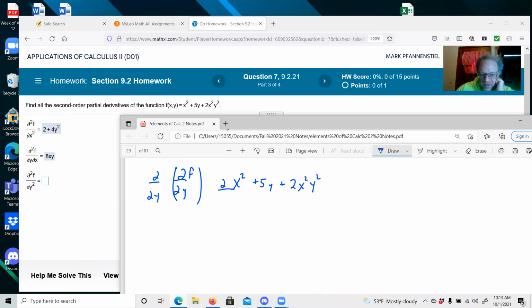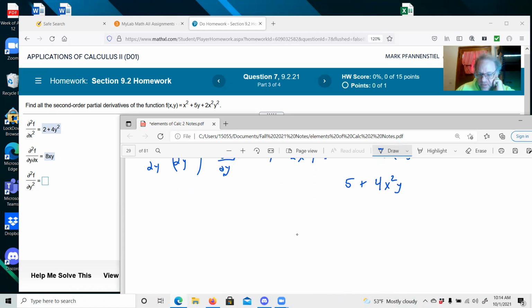Okay, and we want the derivative with respect to y. Well, x is considered a constant because we're taking derivatives with respect to y. So if that's out, we have 5. Okay, and then we have 2x squared. Those are all constants, and the derivative here is 2y. So this is 5 plus 2 times 2, which is 4x squared y.